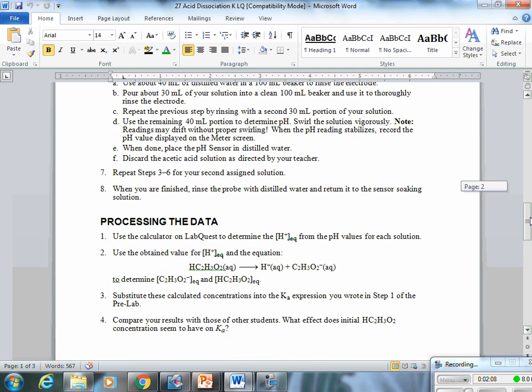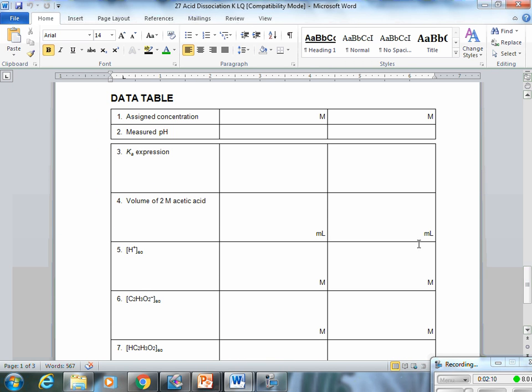So as I come down to that table here, data and calculations, Ka expression, okay, for here, it's going to be the same for both of these. Okay, when you get here, you are going to have to determine the volume of the 2 molar acetic acid to make your assigned concentrations.